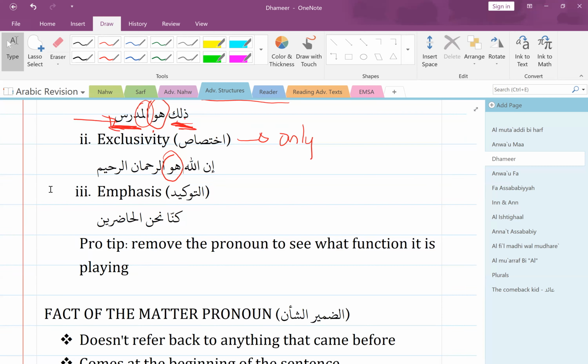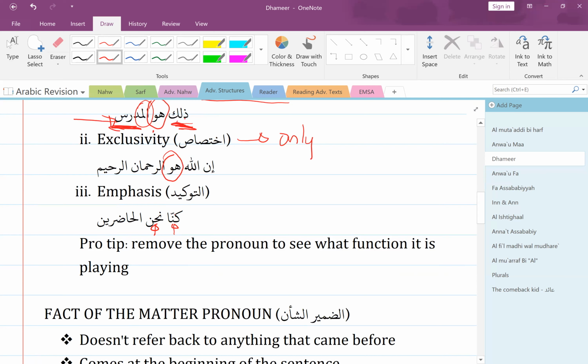When we were discussing tawkid al-lafzi, we also mentioned pronouns in there. If the pronoun is repeated, then that is tawkid of wording, the same word is repeated. So in other words, you have nahnu here, and we also have nahnu here. So we are repeating nahnu. So it is tawkid. So the other function of this kind of pronoun is to add emphasis.